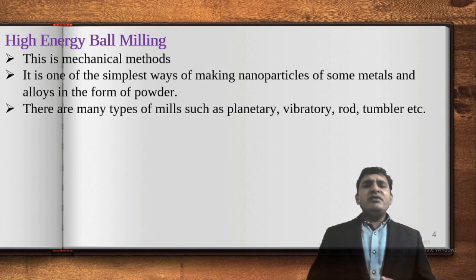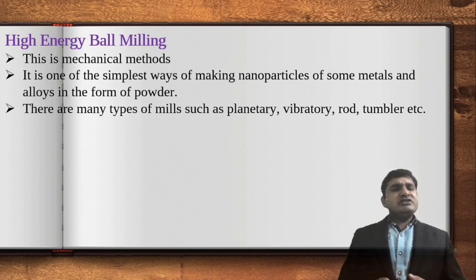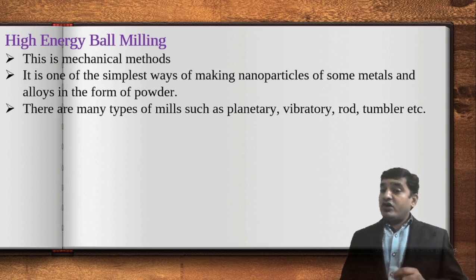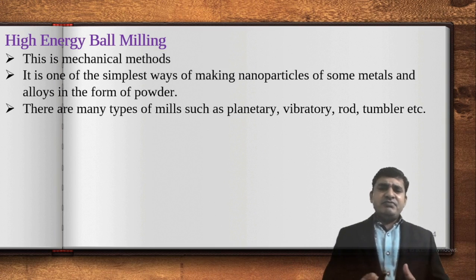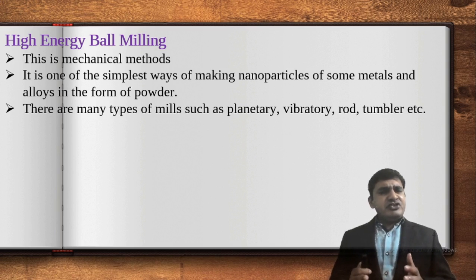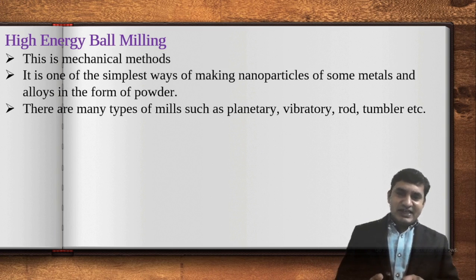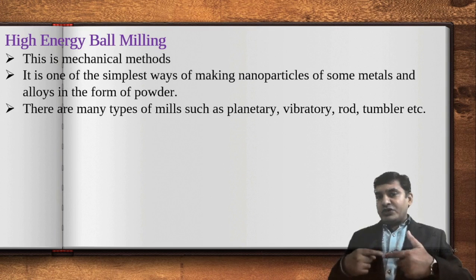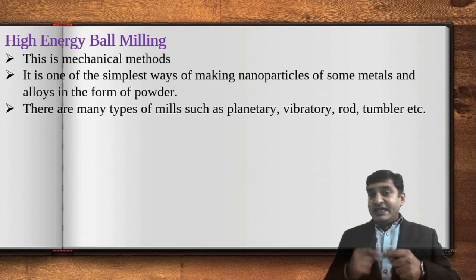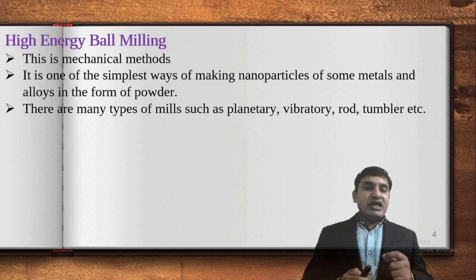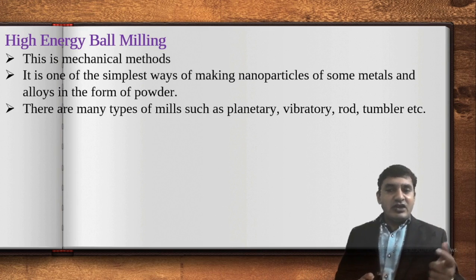Then there are many types of mill, such as planetary mills, vibratory mills, then rod, tumbler. These are the mills. A planetary mill has a cylinder inside the cylinder. When the cylinder rotates, the balls inside the cylinder also rotate so that we get nanoparticles.